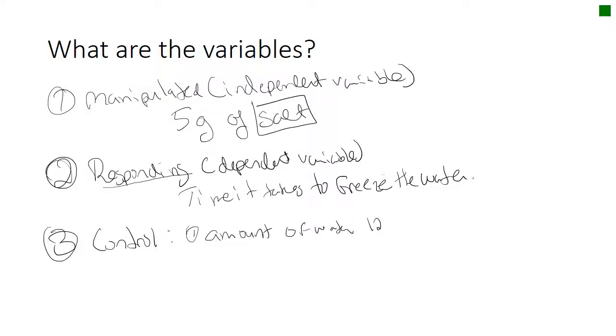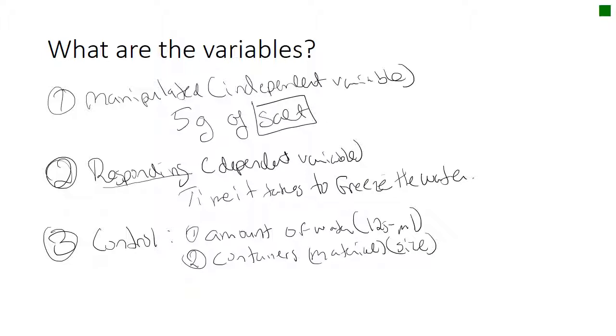We kept it at 125 milliliters. Also, perhaps what the containers are made of. So the containers have to be the same size, and they have to be made up of the same material. Okay, that might have an impact. So right there, we've actually identified 3: the amount of water, the container, the material that it's made out of, and the size of it.